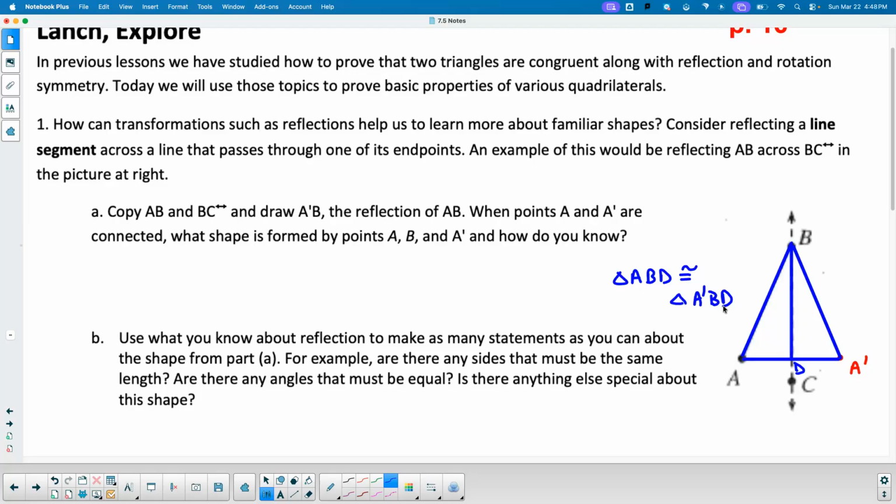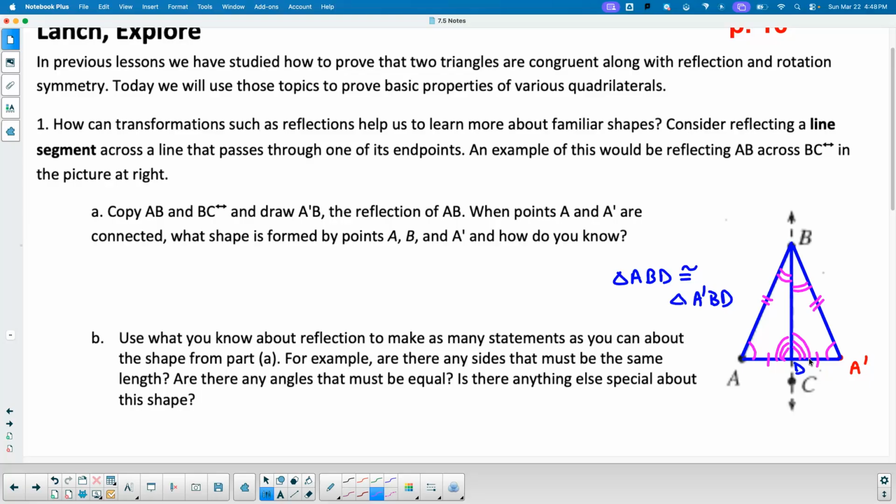Then, using CPCTC, we can say that this side is congruent to that side. This side is congruent to this side. Angle A prime is congruent to angle A. Angle ABD is congruent to angle A prime BD. And then angle D and the angles down here would also be, they look right, but we don't know if they're right or not, depending upon how the relationship is with the point.